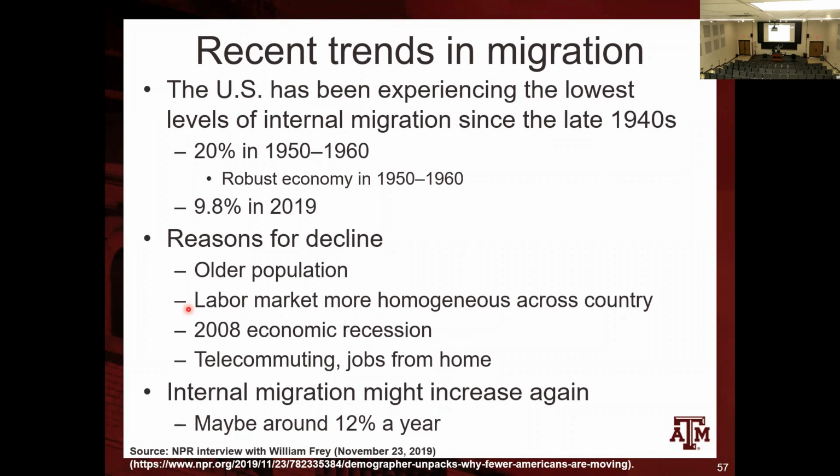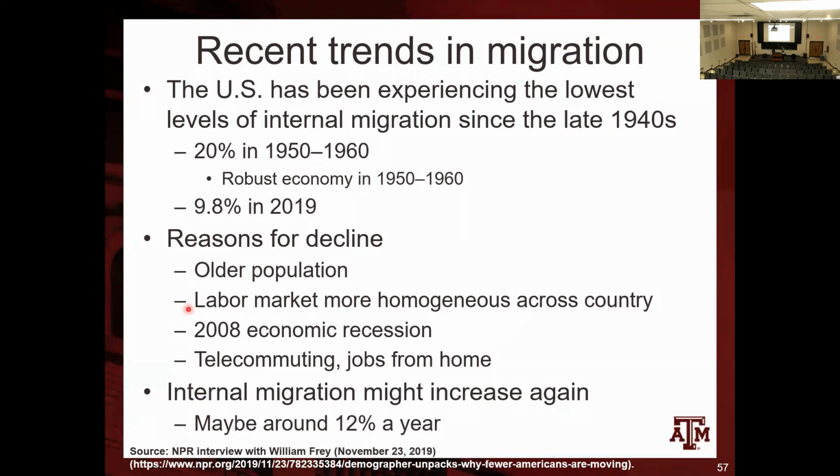So the labor market is more homogeneous across the country. Still, some areas have more opportunities, but we can find good jobs in different areas of the country. So I don't have to move as much. I can just graduate from school and move to a nearby city. For example, here in Texas, instead of having to go to another state to find a good job, right?